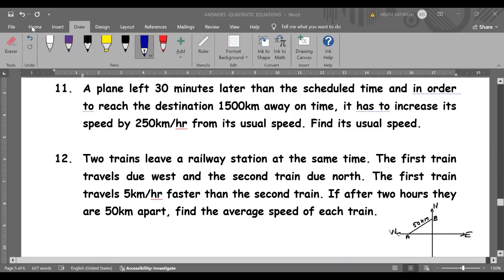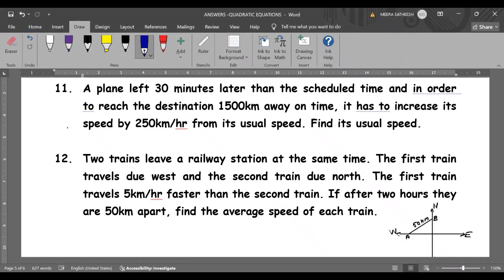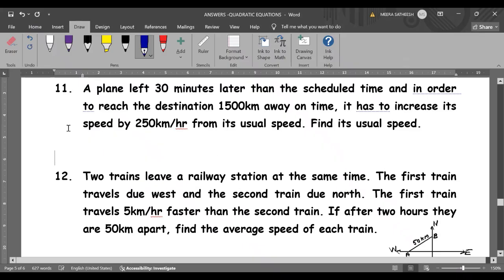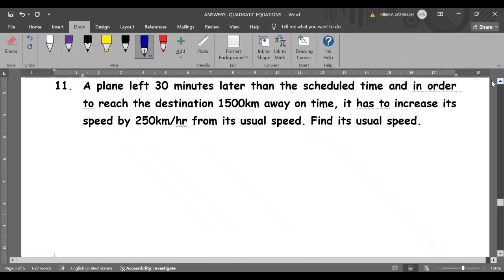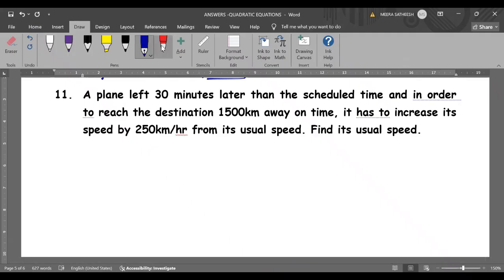So, how will we do this? What will we assume here? Let us assume the usual speed, which we have to find, to be x. So, let the usual speed of the plane equal x.